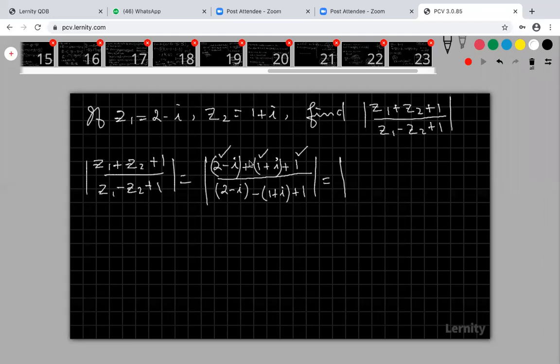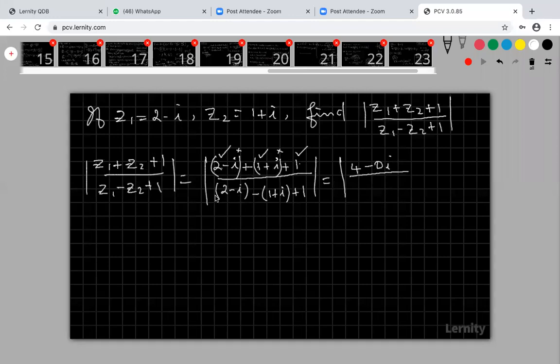So this is 2 plus 1 plus 1, therefore I am getting 4 as the real part. Adding the imaginary parts: minus i and plus i, that is 0i.